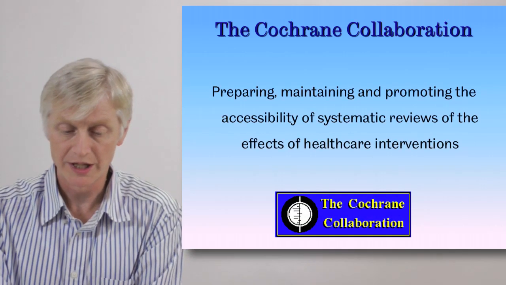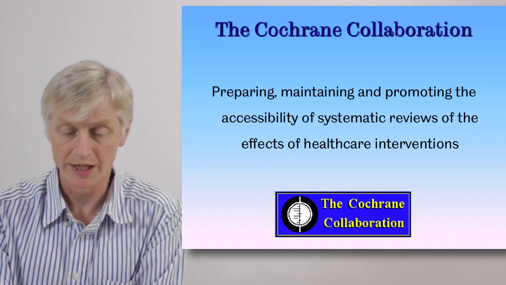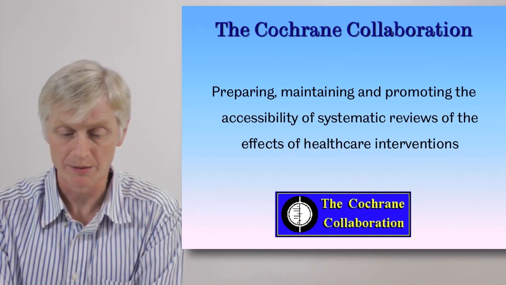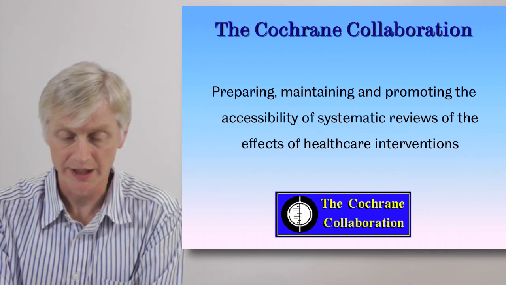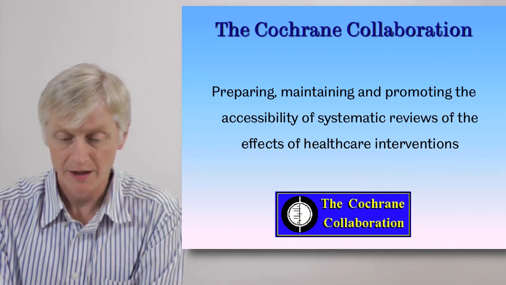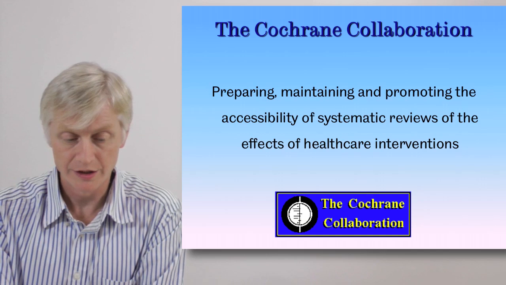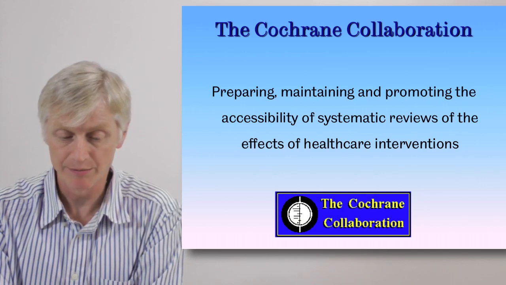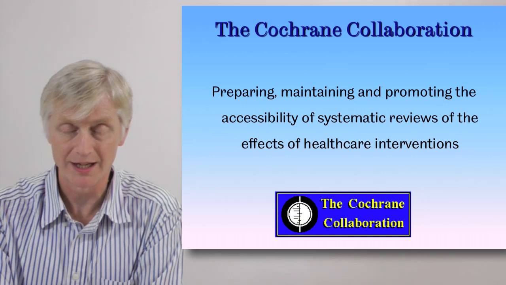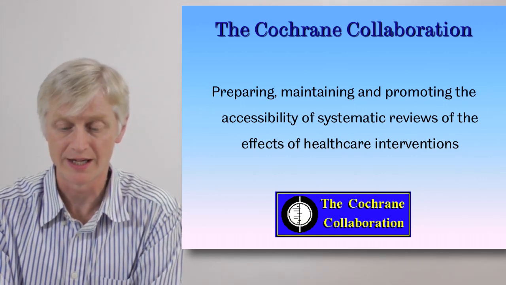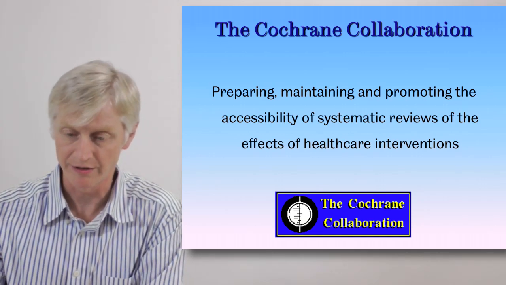The Cochrane Collaboration is an organisation that was set up 20 years ago, and the mission statement is here. It was designed to prepare, maintain and promote the accessibility of systematic reviews, in particular in the area of healthcare interventions, which is an area that we are interested in.